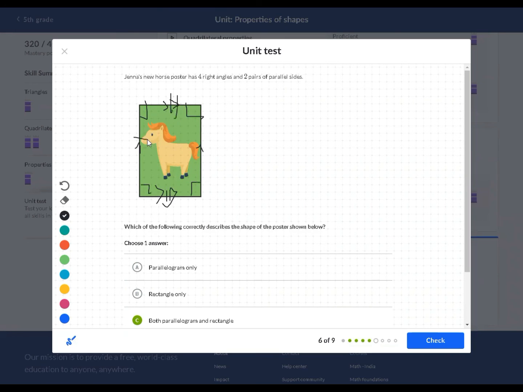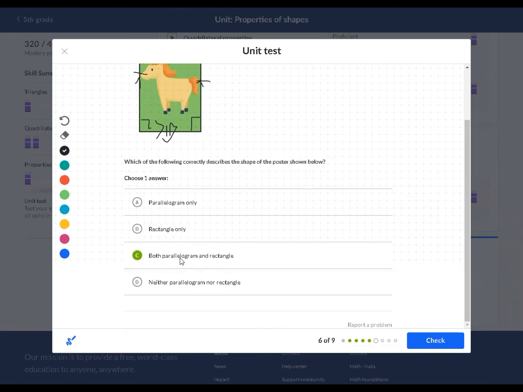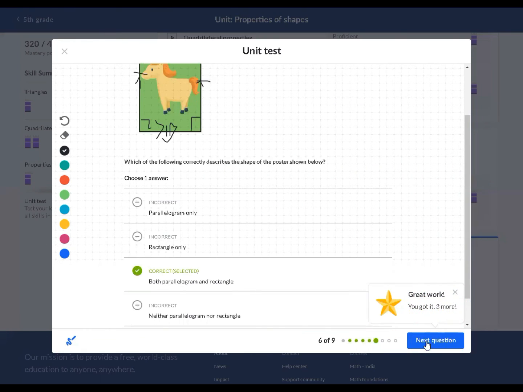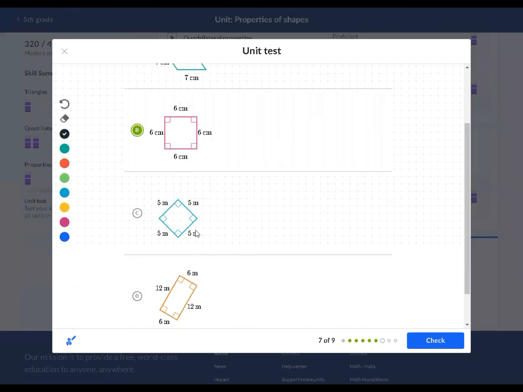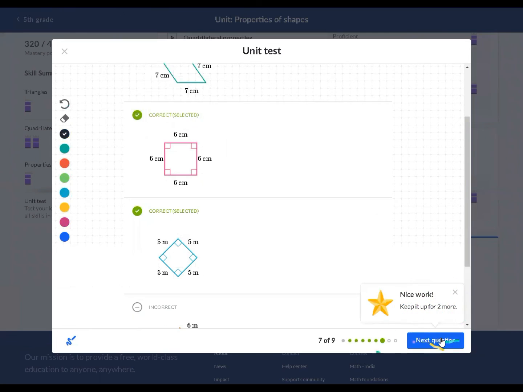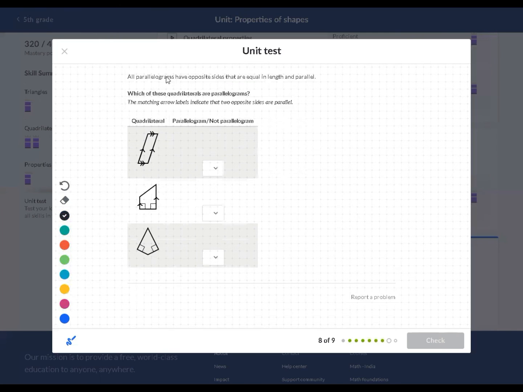So I'm pretty sure that they are both. So yeah, both parallelogram and rectangle. Yeah, that was correct. So squares, these both are squares. Yeah, this is easy.